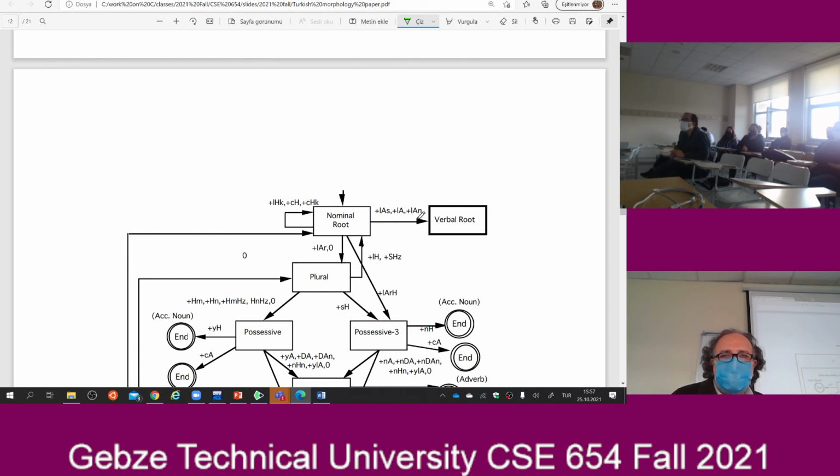Give me an example that ends with a lan. Aklanmak, çullanmak, kötüleşmek, etc. Farklılaşmak. Farklı is a noun, if you consider it as a root, yeah.